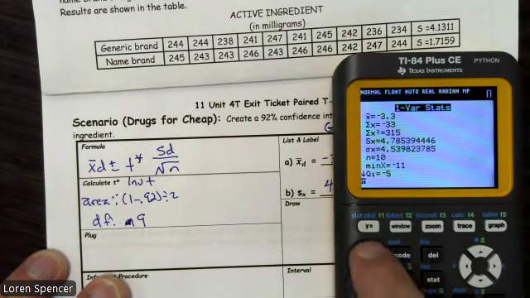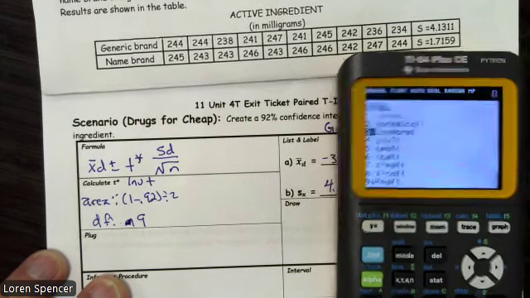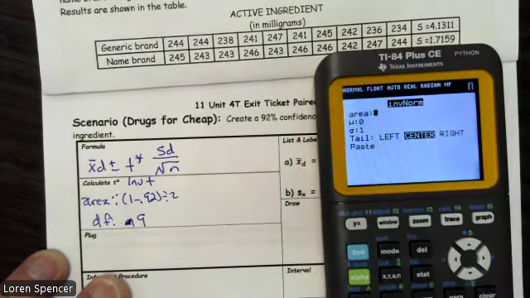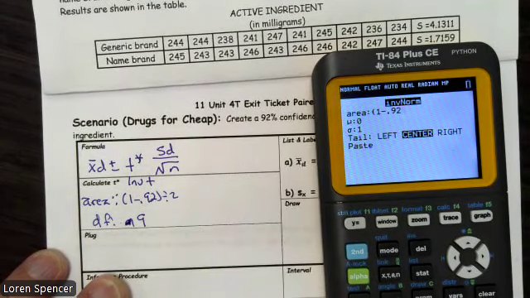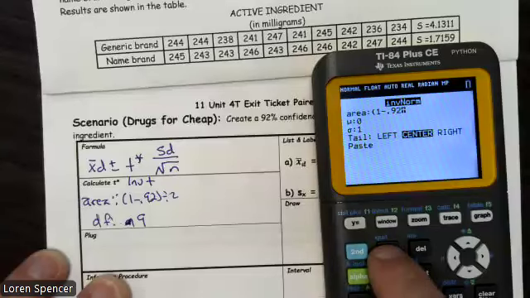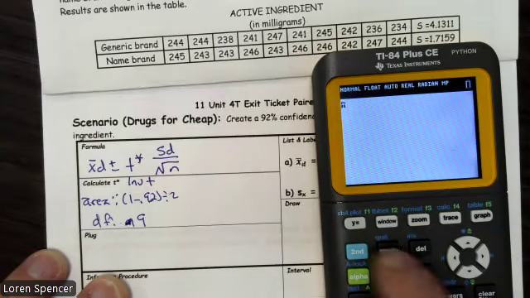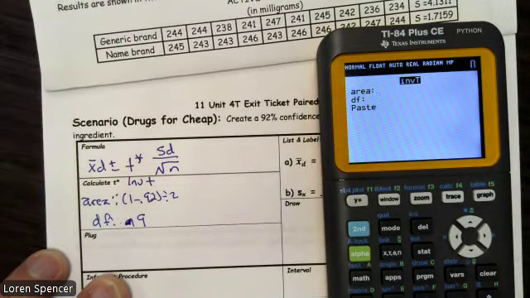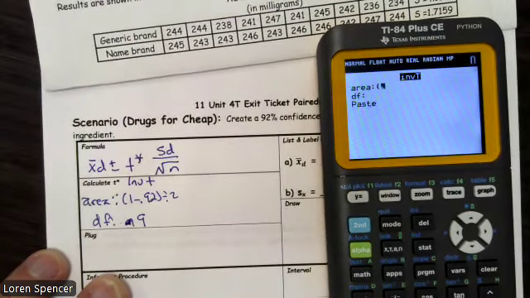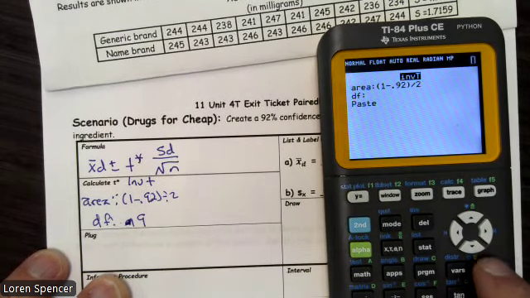All right, so second vars, inverse t, area, parenthesis 1 minus 0.92, close parenthesis, divided by 2.